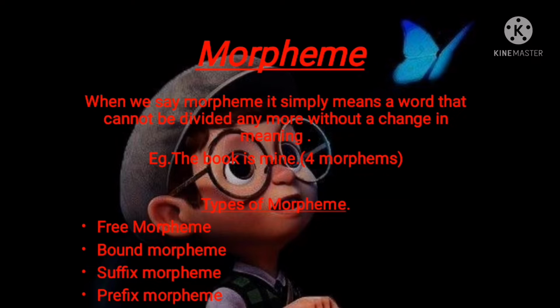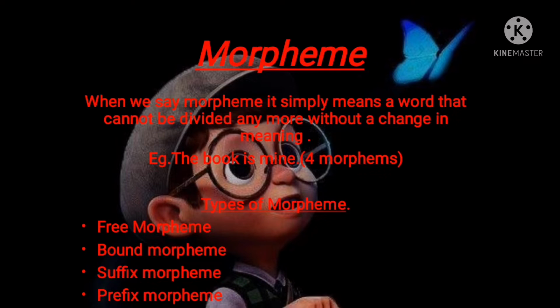So we can see we have 4 morphemes here. You can never say the book. What has the book done? Do you understand? So if you add the rest, it makes sense. It makes a meaning. The book is mine.